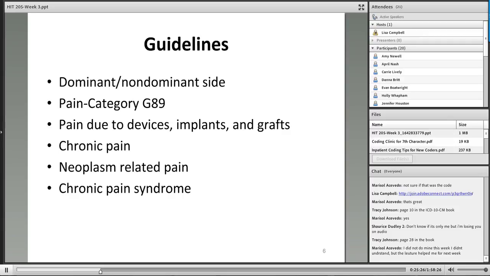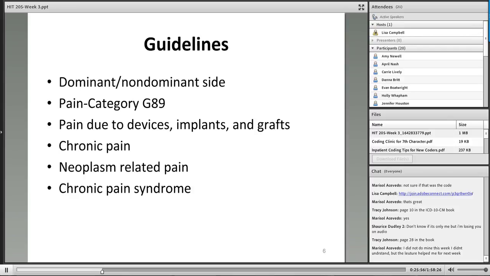And the guidelines state, should the affected side be documented but not specified as dominant or non-dominant, and the classification system does not indicate a default, the code selection is as follows. And you can read what the selection is. But I just wanted to point that out, something very, very important.